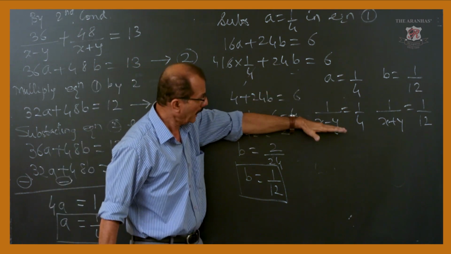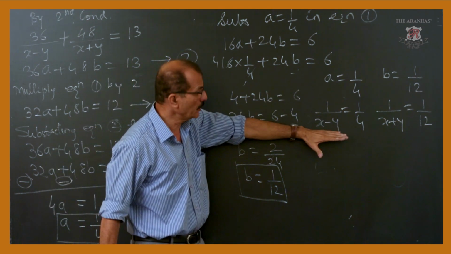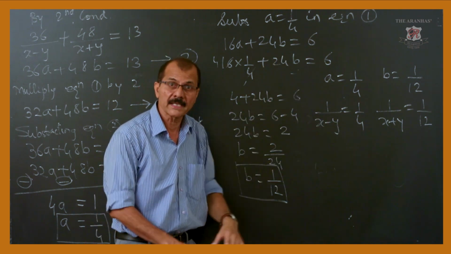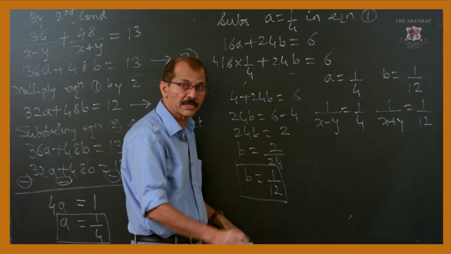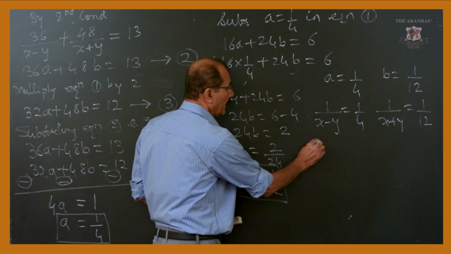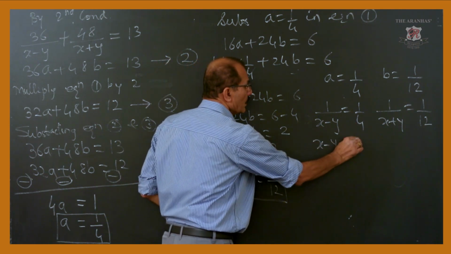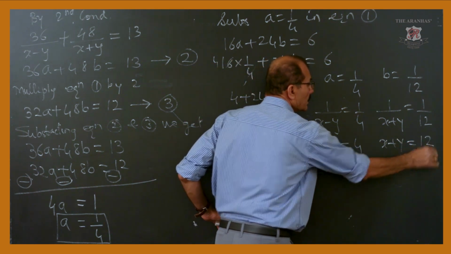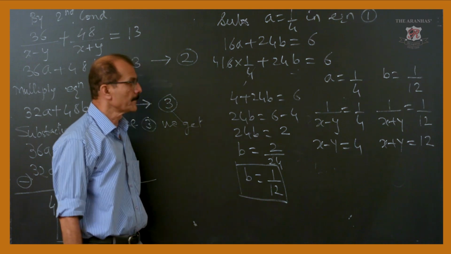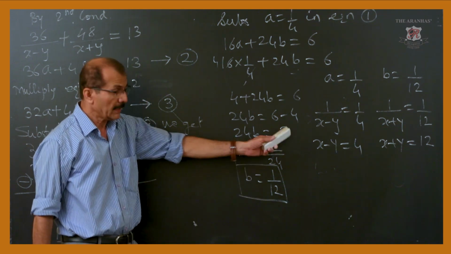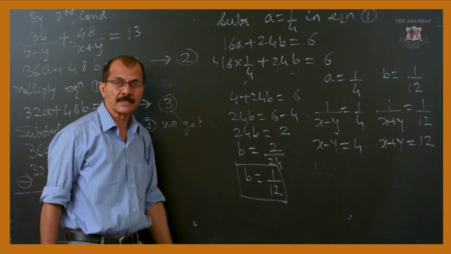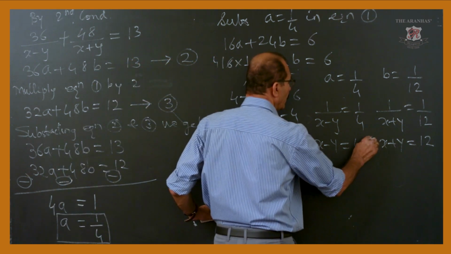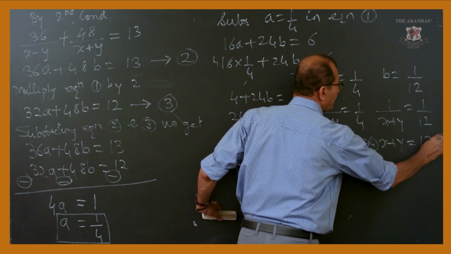Now, again this is in the denominator. So, taking reciprocal on both the sides, for both the equations you get x minus y is equals to 4 and x plus y is equals to 12. You get again two linear equations. Call this equation number 4 and this 5.